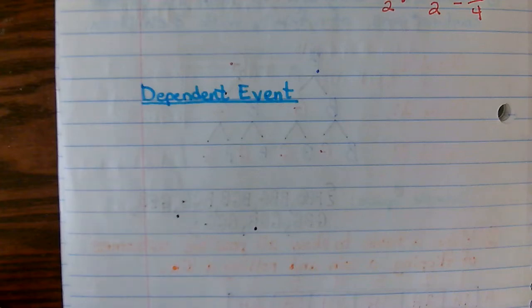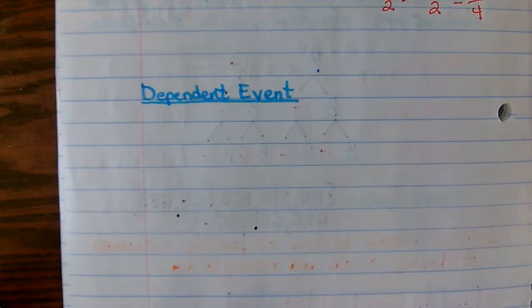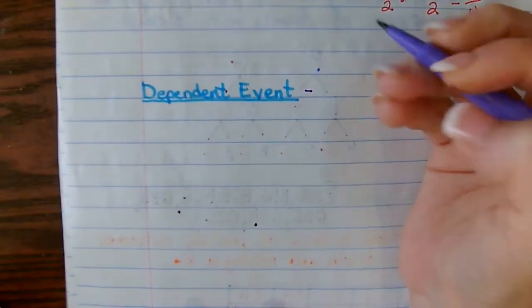Let us continue with 7-6 iBook Notes and discuss dependent events, all right? So a dependent event, let's look at that.